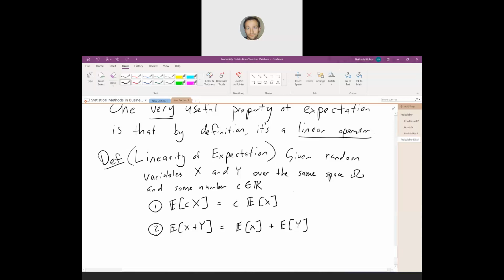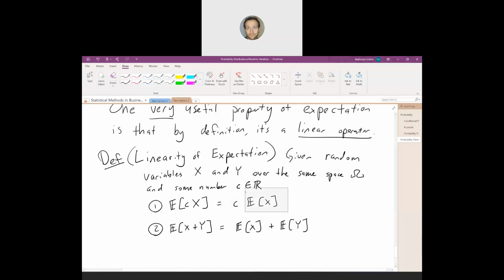So that's a useful thing to know. When you scale a random variable, then the expected value of the non-scaled random variable is scaled by the same factor, which is what the right-hand side says.